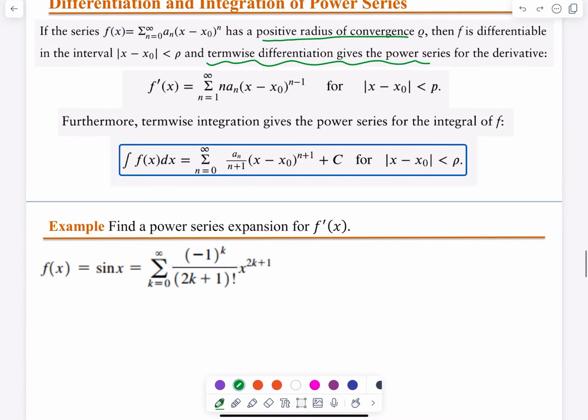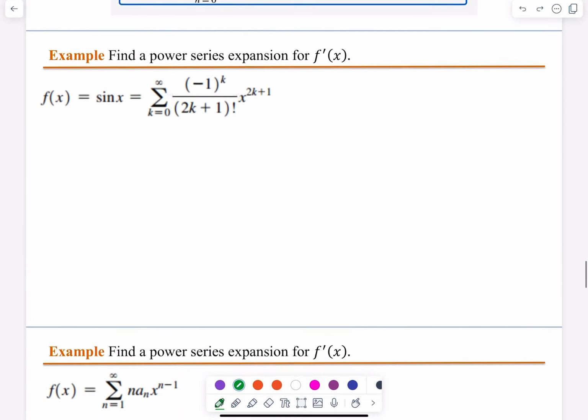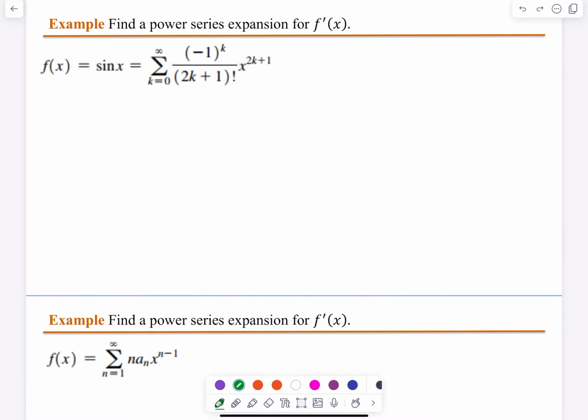Okay, so let's just jump right in. We're going to find a power series expansion for f prime of x for this sine of x function. We will just assume that this series has a positive radius of convergence.